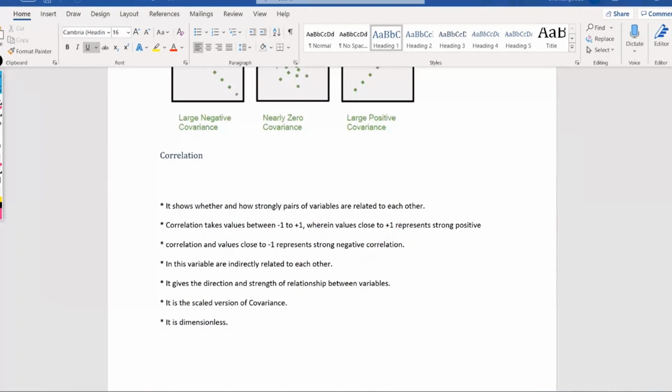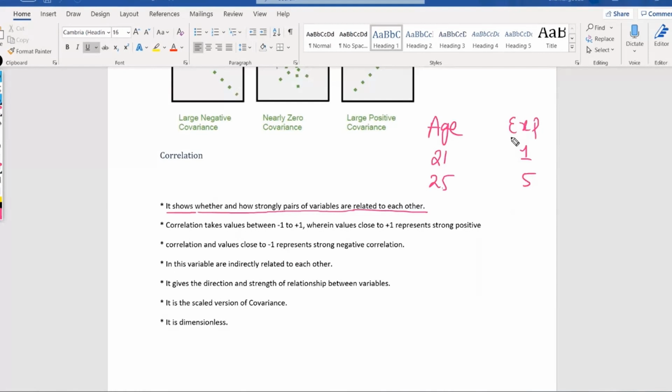Let me take this up. So now what is correlation? Correlation shows whether and how strongly pairs of variables are related to each other, right? Like I have taken age and experience. If my age increases from 21 to 25, at the age of 21 I have experience 1, at the age of 25 my experience is going to be 5.